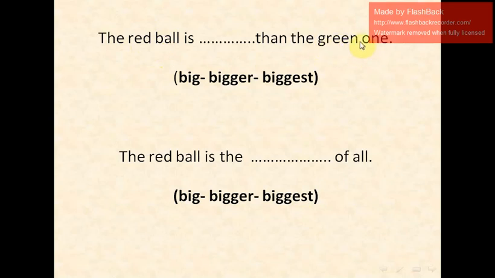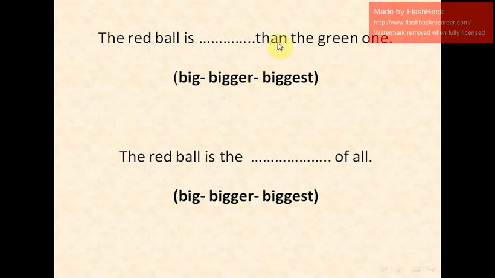The green ball, this is another thing I'm comparing. So here I'm comparing a red ball and a green ball. Two things. So which one will I be choosing? I'll be choosing the one with two letters. Okay, bigger. The red ball is bigger than the green one.